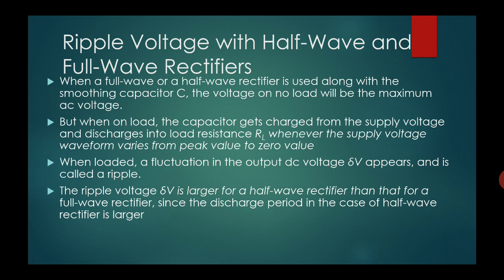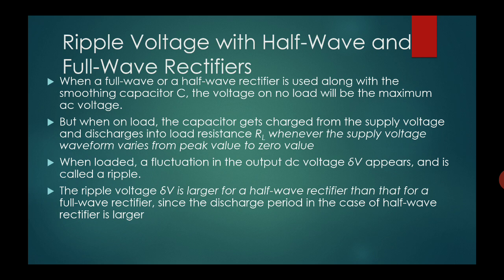But on load, the capacitor gets charged from the supply voltage and discharges into a load resistance RL whenever the supply voltage waveform varies from peak value to zero value. Okay, now we are talking about the loaded condition.